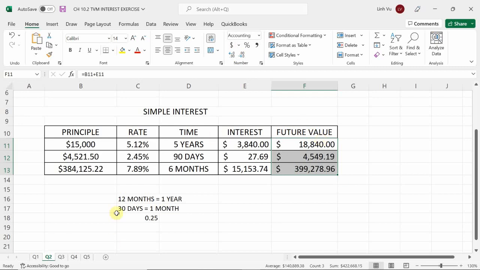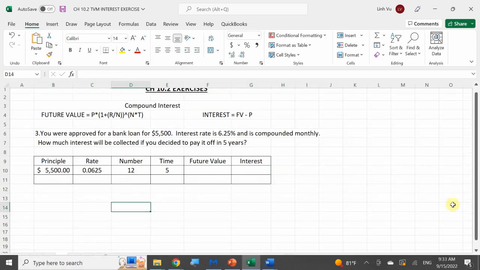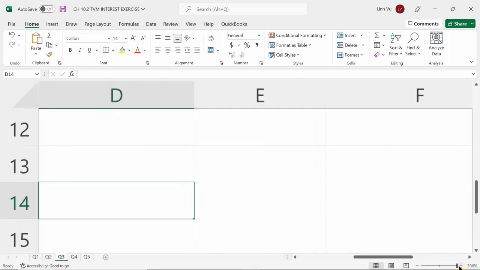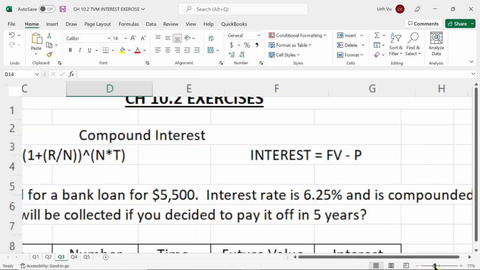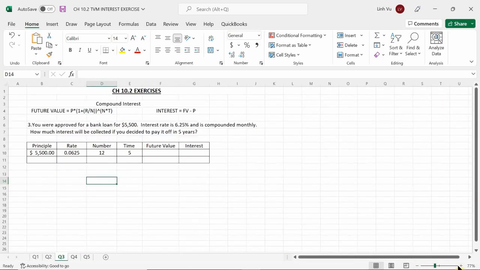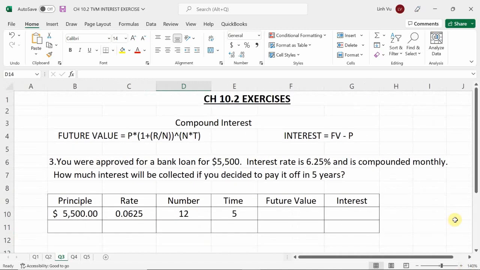Okay. All right. So question number 3. Okay, so compound interest. If you guys are not going to be using Excel for this, that's okay. I'll just walk you through it.